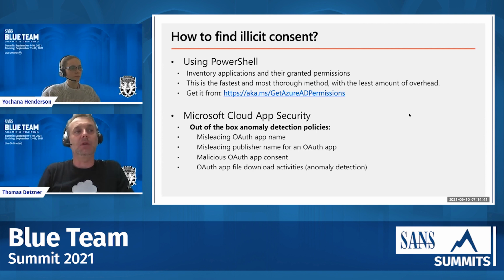The last one I wanted to call out here is the OAuth app file download activity detection that triggers on anomalies. If the user starts, for example, mass downloading files, that signal fires, or if the user downloads files that it typically doesn't touch, alerts also get fired. So very valuable here.